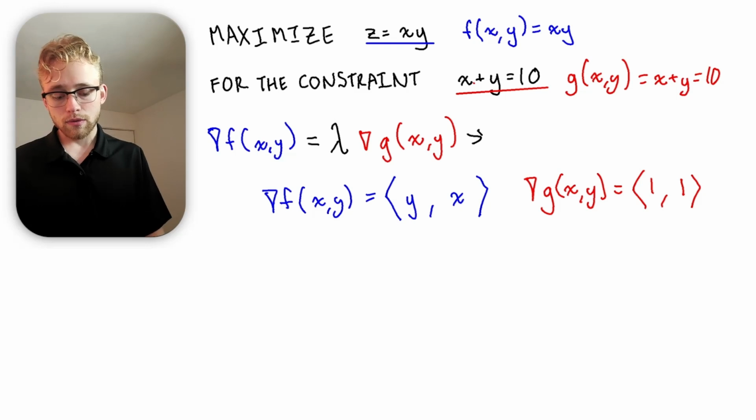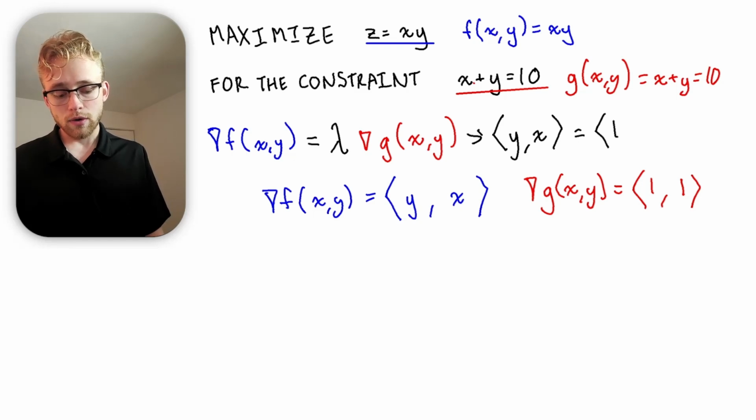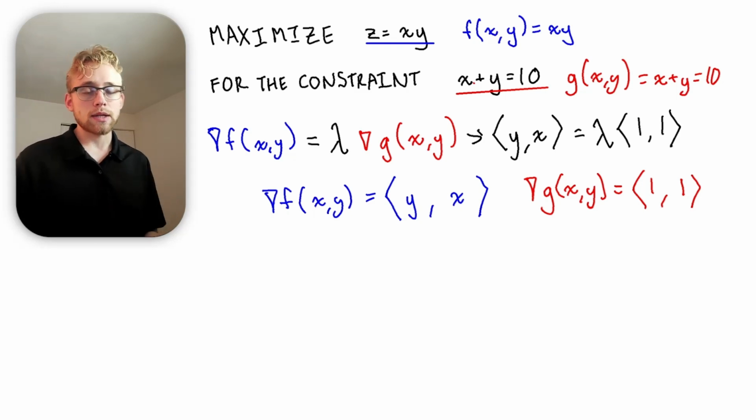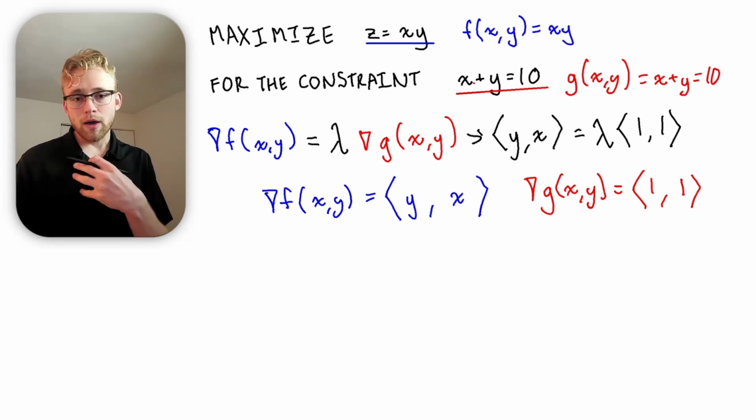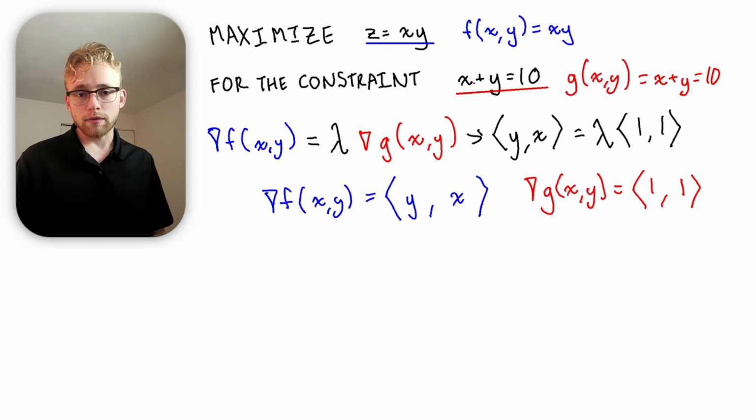This goes to the vector y, x is equal to lambda times the vector 1, 1. Lambda is just some scalar in this case, some magnitude multiplier of the vector. Okay, so now we have that.